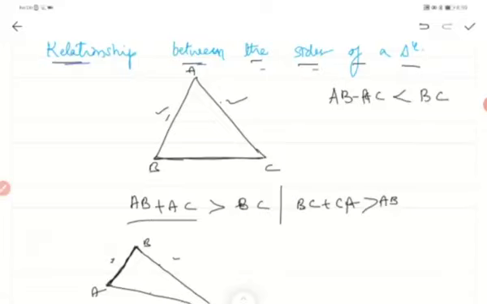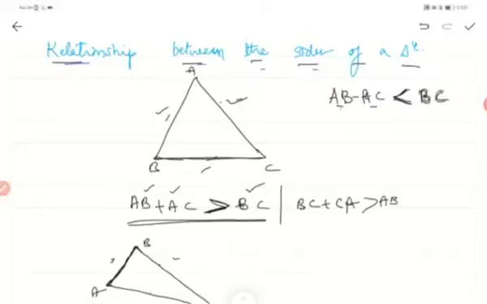Addition of two sides is always greater than the third side, whereas subtraction of any two sides, not only AB and AC, is always less than the third side.